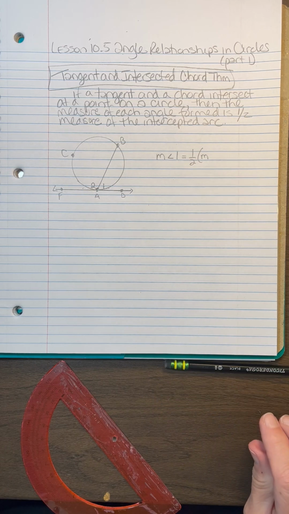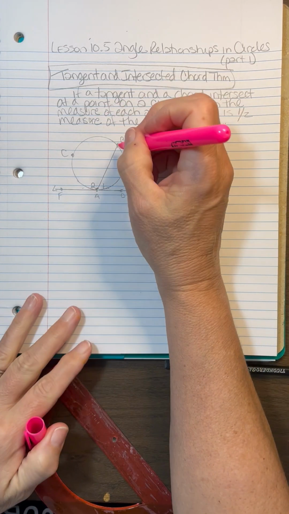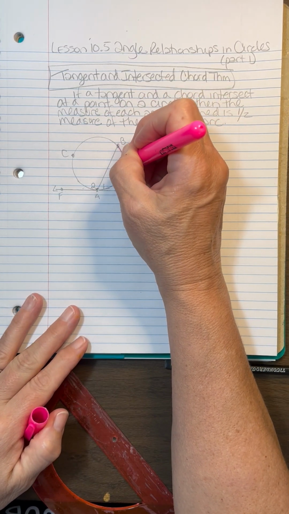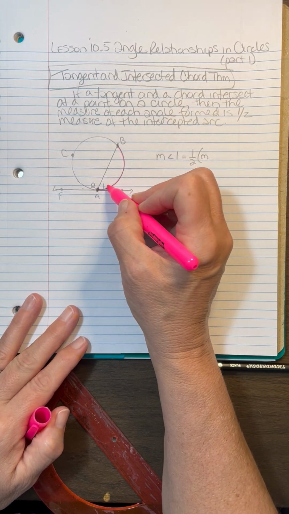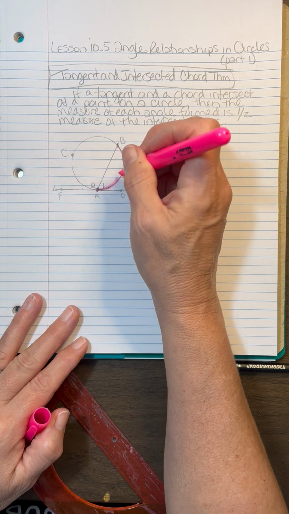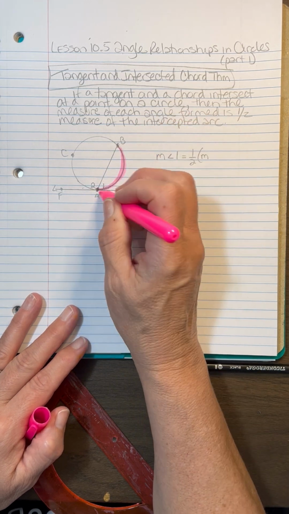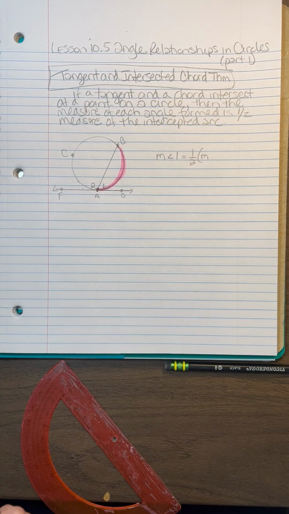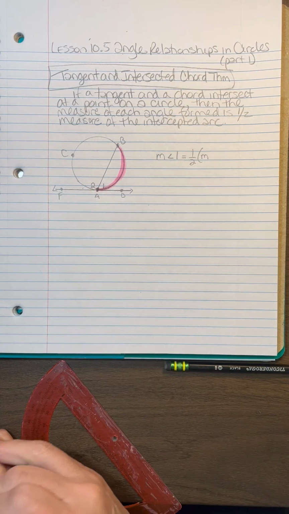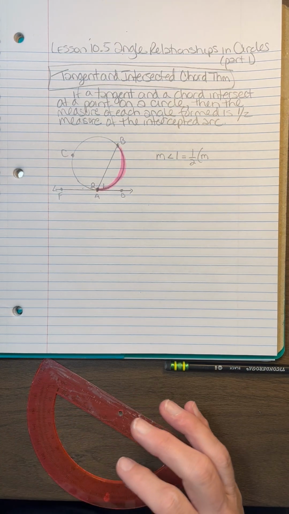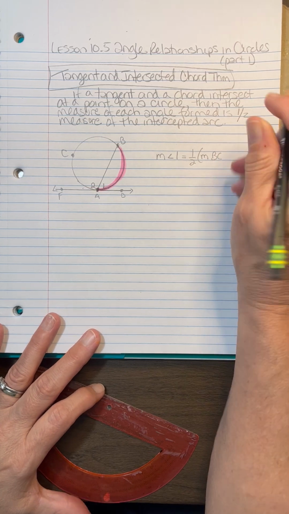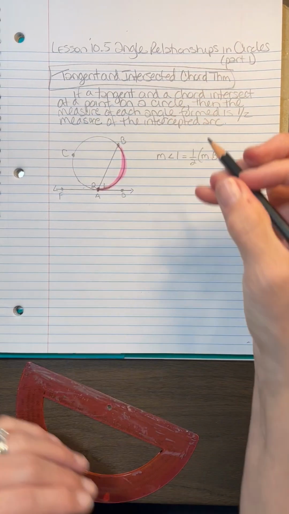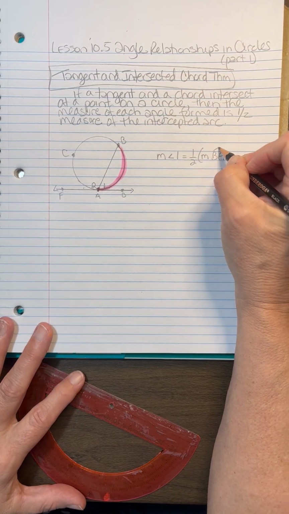If you look closely, the angle goes from here all the way, right? That's the arc that it hits. So even though the angle side is outside the circle, its vertex lies on the circle. Okay, so the arc that it intercepts then is going to be, not BC, sorry, is going to be arc BA.